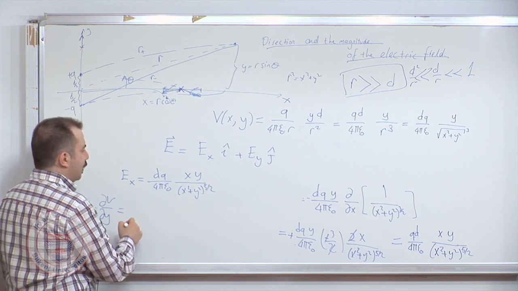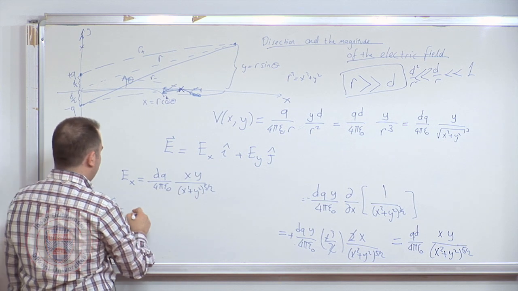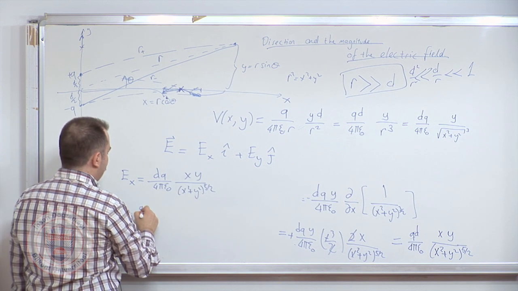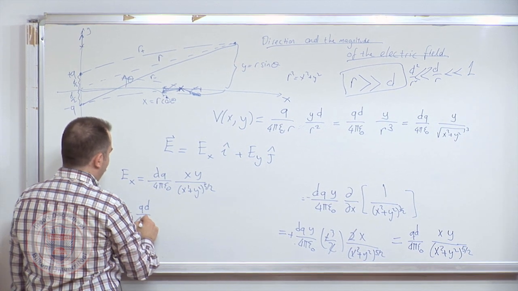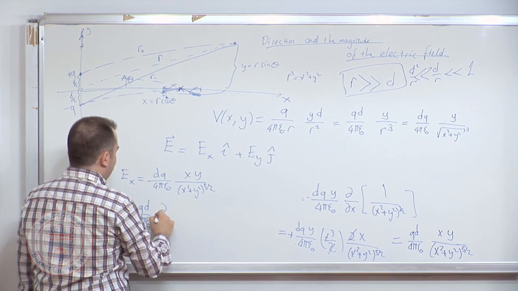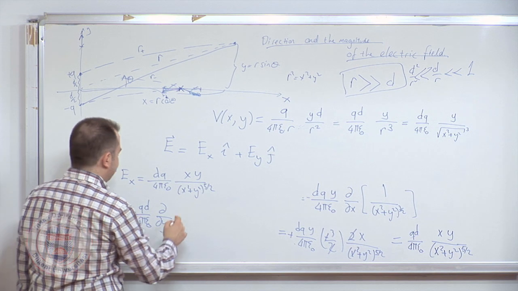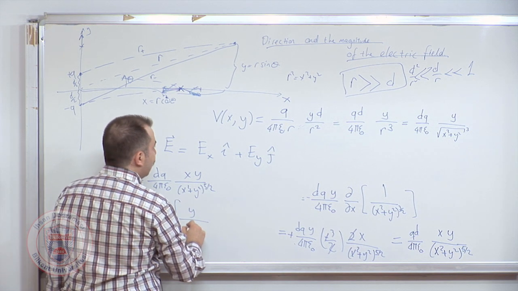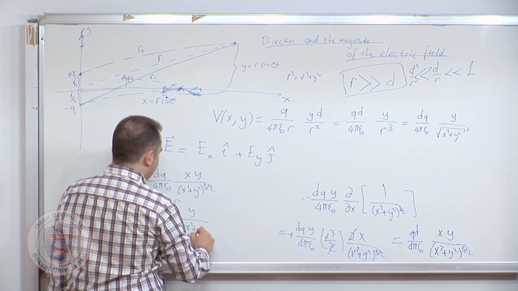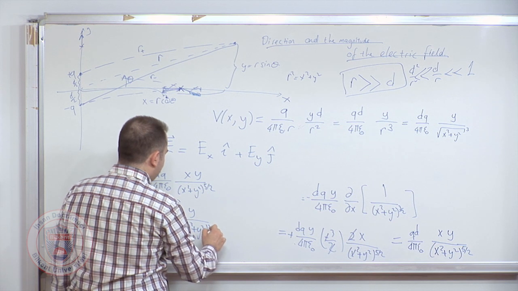And here, now I have to be more careful. I have minus q d over 4 pi epsilon 0 del by del y of y divided by x squared plus y squared to the 3/2.